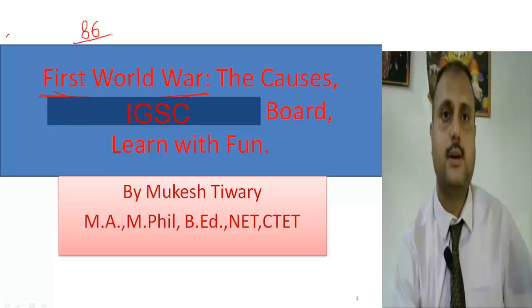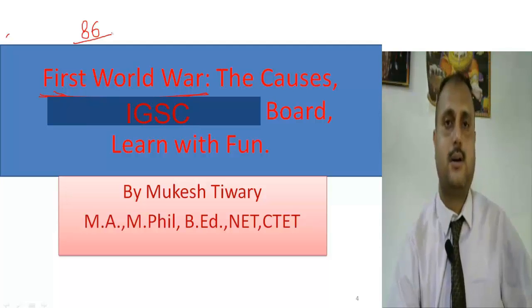Around 90,000 Indian soldiers participated under the guidance and control of Great Britain, because India was under the colonial rule of the British Empire. So India was also indirectly involved. What I mean to say is that 86 countries directly or indirectly participated in this disastrous war.